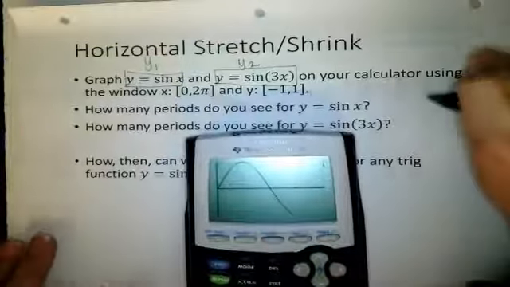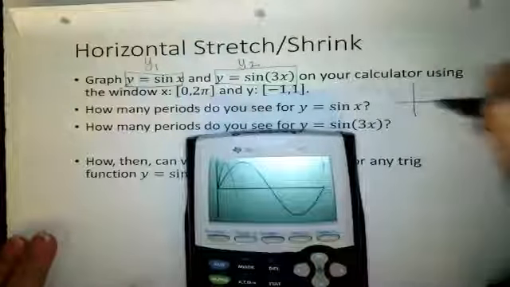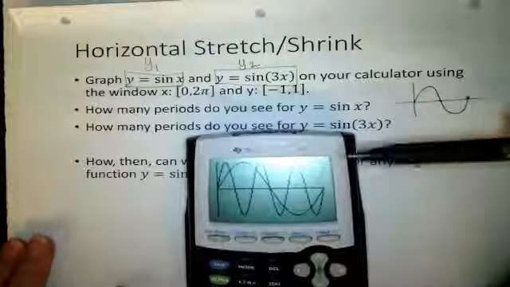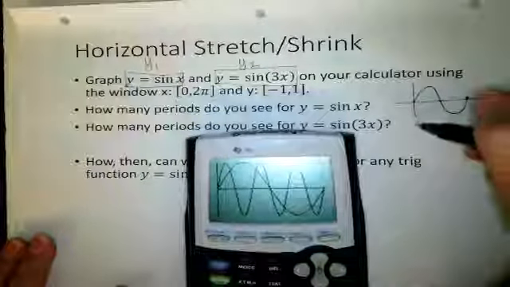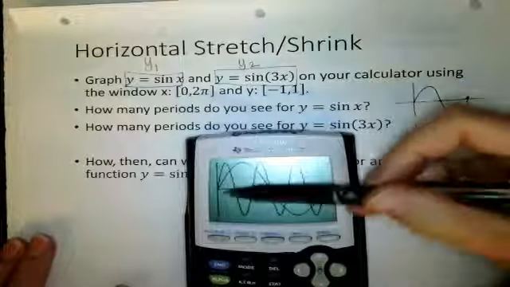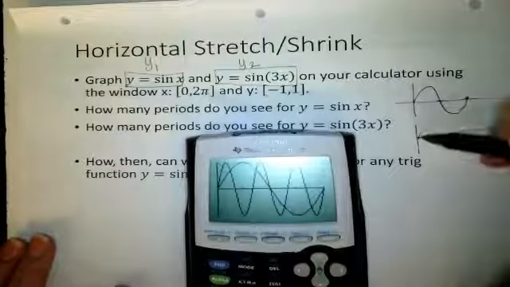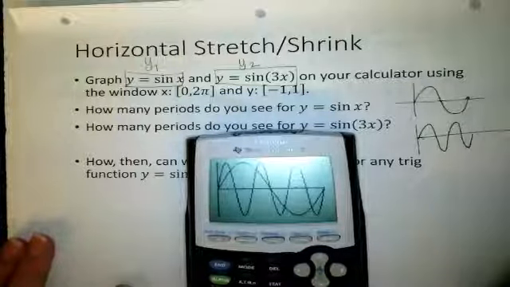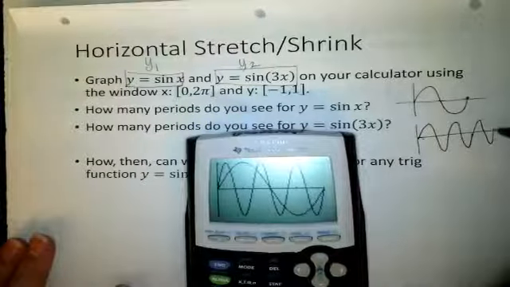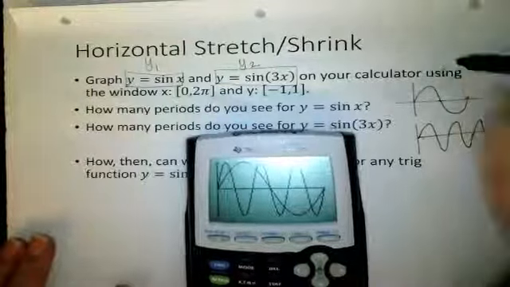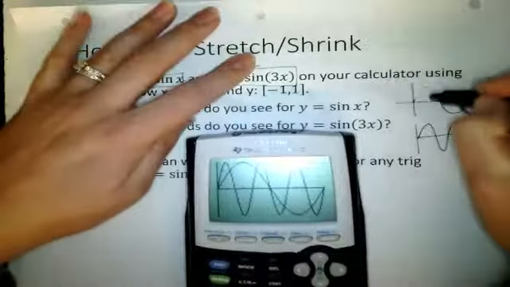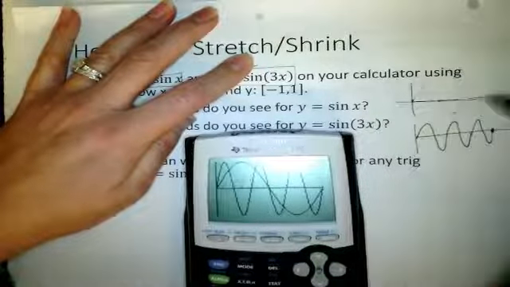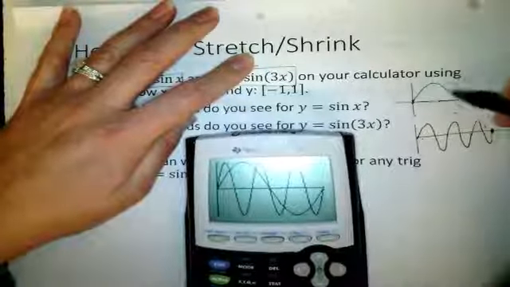So our y equals sine of x, the normal curve, middle, high, middle, low, middle, and then, oh, what's going on with the second function there? There's 3 of them in that same 0 to 2 pi. I didn't draw it well, but when I did it in pre-cal, I just killed it. It was awesome. There you go.